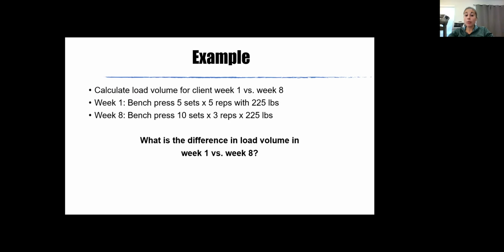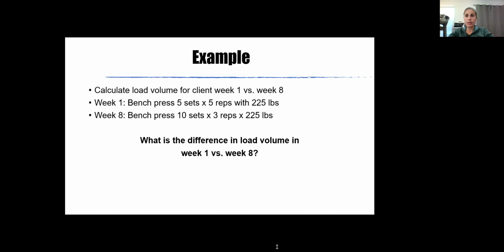So let's take a look at load volume in each week. So week 1, the client did 5 sets, 5 reps of 225. In week 8, they did 10 sets. I know that's a lot, but they're doing 3 reps each set and 225 as well. So let's calculate the load volume in week 1 and compare it to week 8.